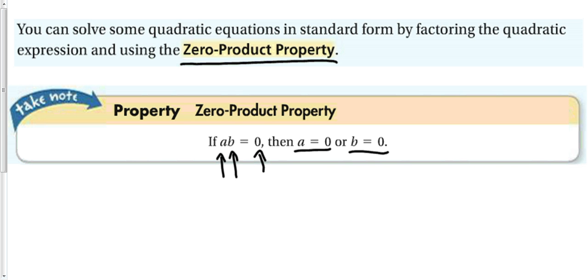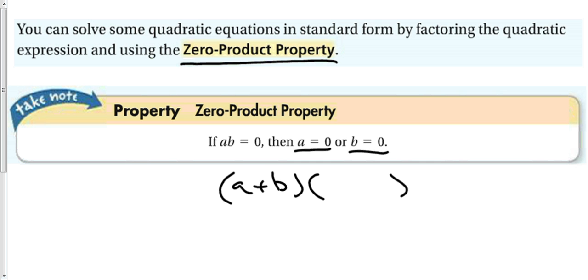That's the only way to get 0 when you're multiplying. Okay? Something has to be 0 to get 0 when you multiply 2 things together. So, because of this, when we factor our quadratic and we have my 2 binomial terms multiplied together, something like this, okay?